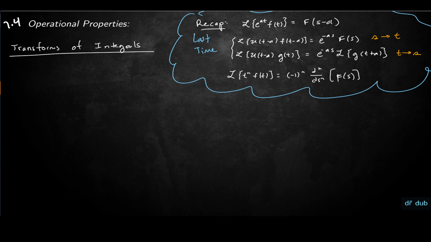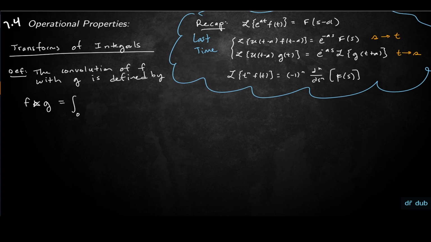And we define something called the convolution. So, definition: the convolution of f with g is defined by f star g equals the integral from 0 to t of f of tau g of t minus tau d tau.